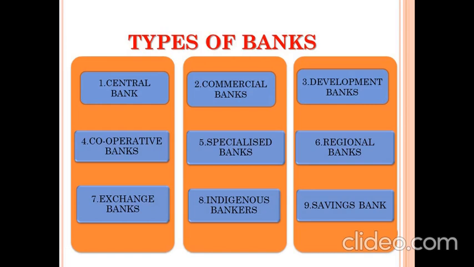Some of them are SBI, Bank of Baroda, HDFC Bank, Axis Bank, Canara Bank, Dena Bank, and many more. In commercial banks, the main functions are accepting deposits from the public and giving loans to businessmen. So the commercial banks are helping whom? The businessmen. Central banks are helping whom? The commercial banks.